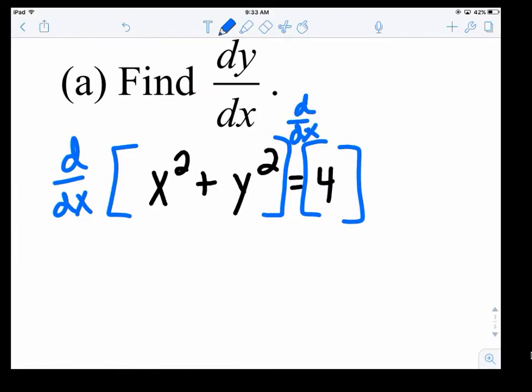So what would the left side be? Well, when you take the derivative with respect to x, this is going to turn into dy over dx.